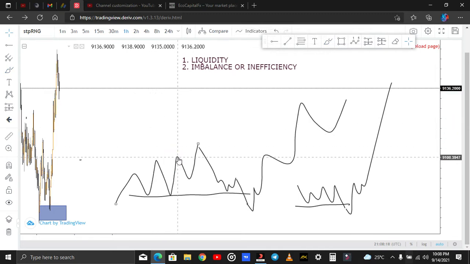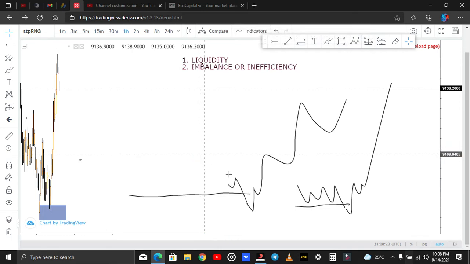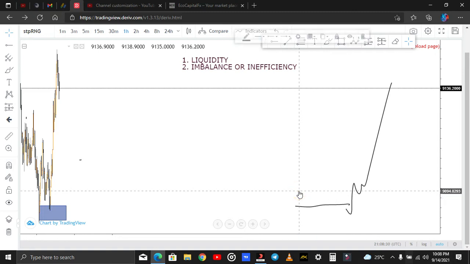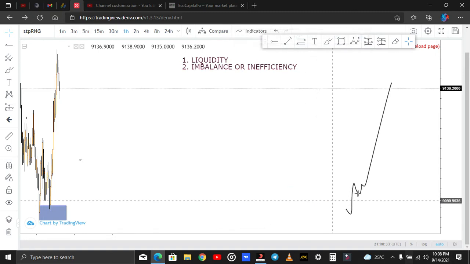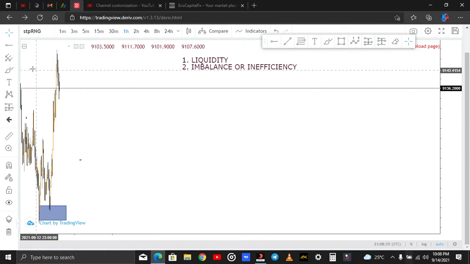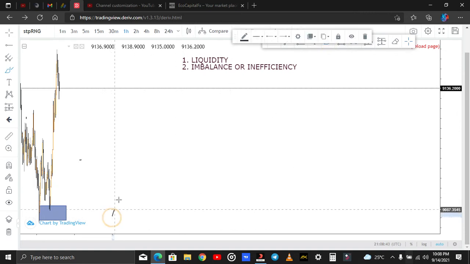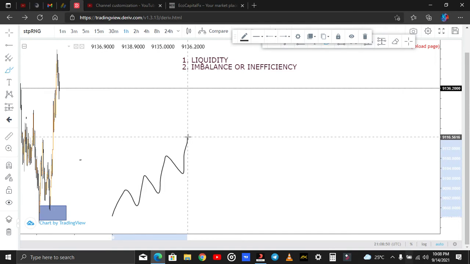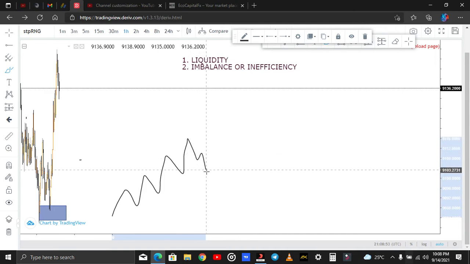Whenever you hear liquidity, it simply means price is grabbing, looking for money. Like I said before, sometimes in a structure you might think there has been a break in structure, but price is just grabbing liquidity. Maybe this is a buy trade and price is respecting these levels, then price suddenly comes and breaks this structure.